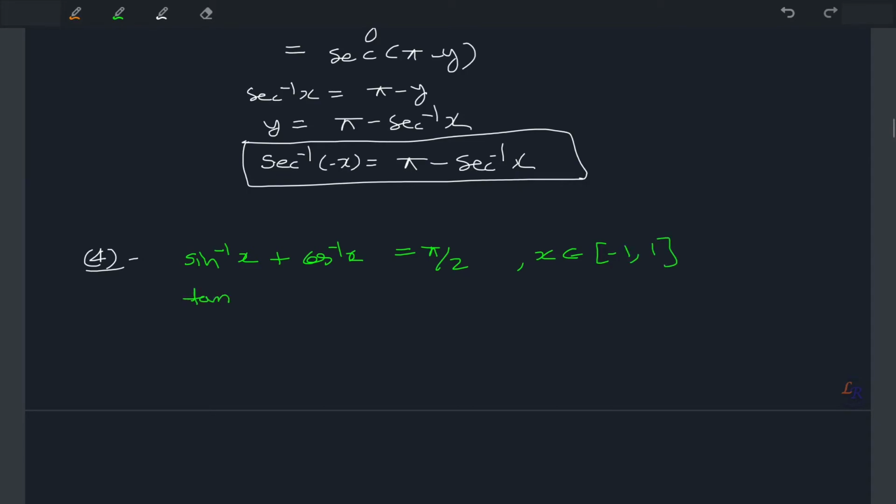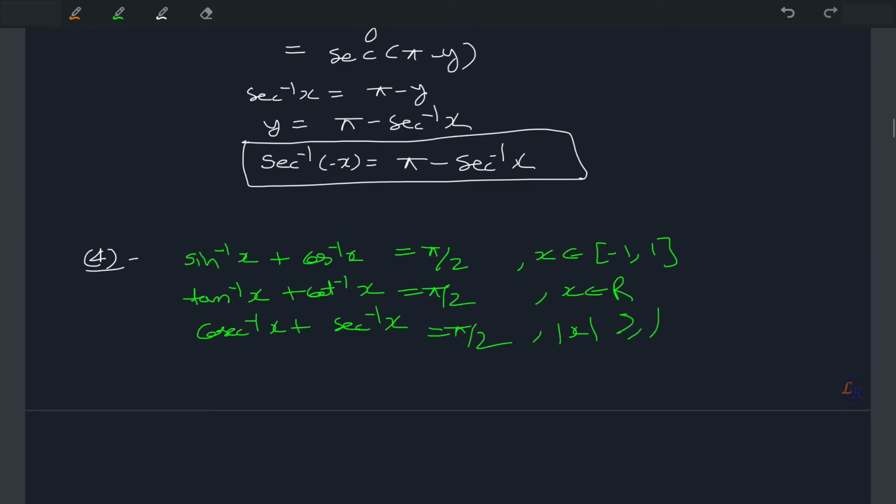Similarly, for tan inverse x plus cot inverse x, it is equal to pi by 2, where x can be any real number. And the other one is that cosec inverse x plus sec inverse x is again equal to pi by 2, where you can have the absolute value of x greater than or equal to 1.